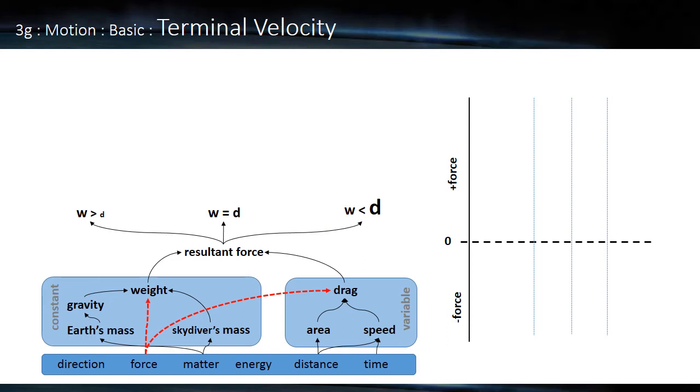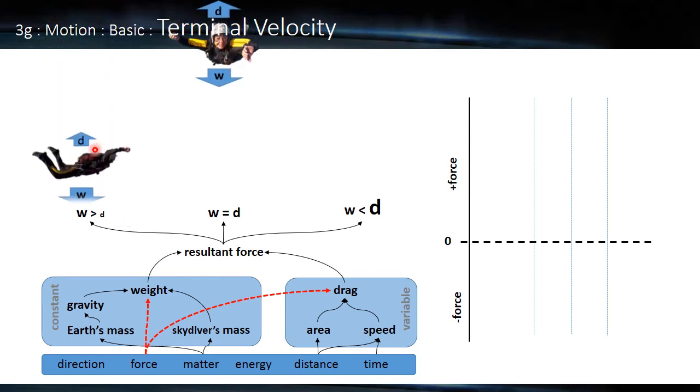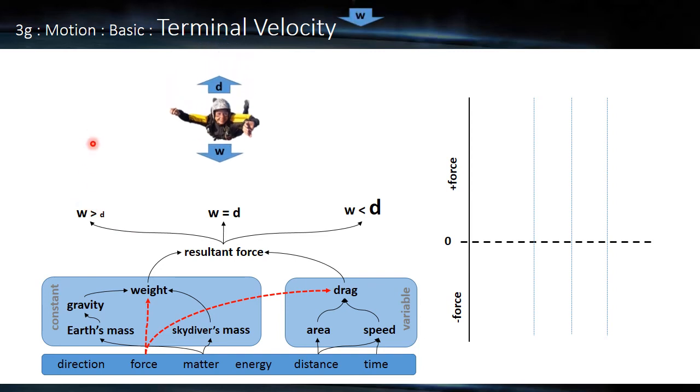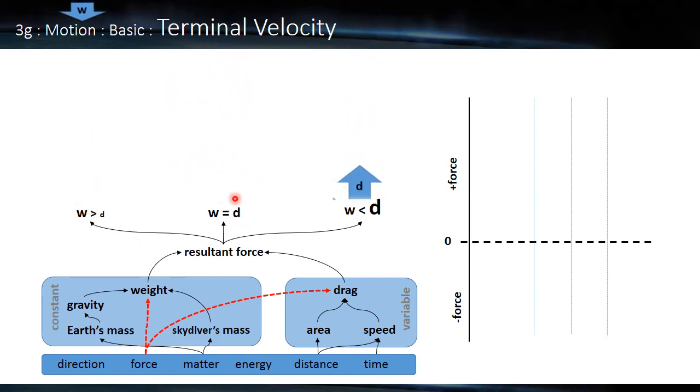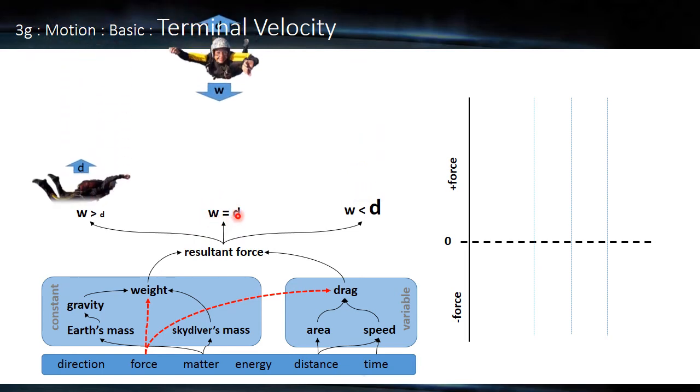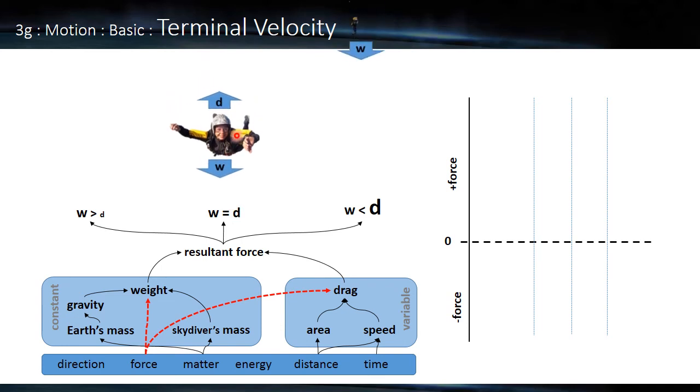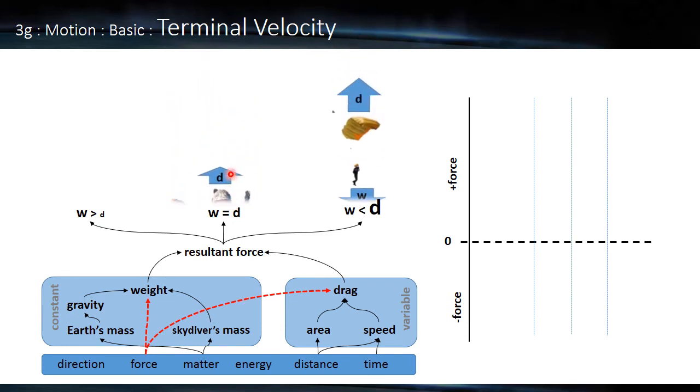The most obvious situation when we first start: weight is bigger than drag because speed is low, and we're going to get acceleration. So you jump out of a plane, you accelerate. Fairly obvious. We then get this situation where as the speed gets higher and higher, the drag gets bigger and bigger until they equal, and we get constant downwards motion, no acceleration.